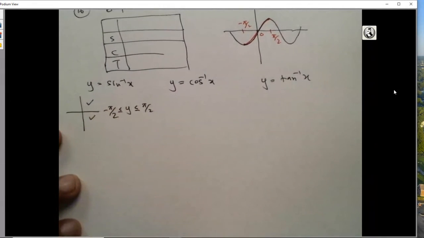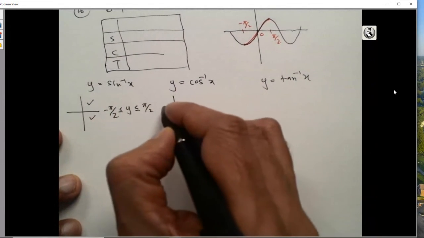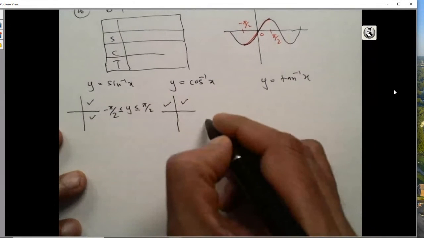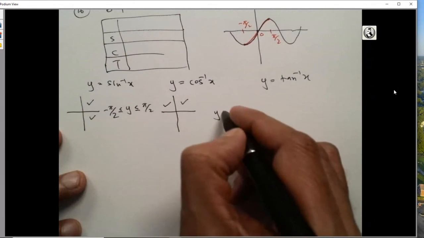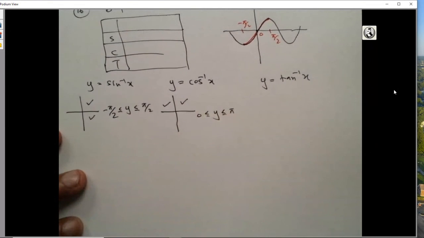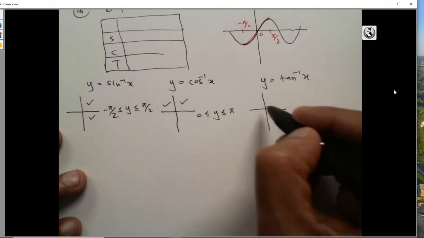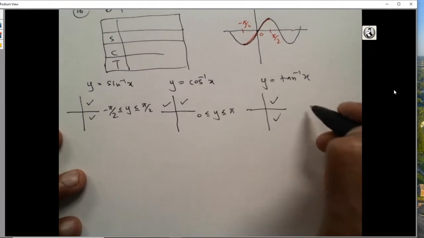That is where the cosine is positive. For the cosine, we pick the place where the sine is positive. That is why for cosine inverse we pick between pi and 0. And then for tangent, we again pick the place where the cosine is positive.